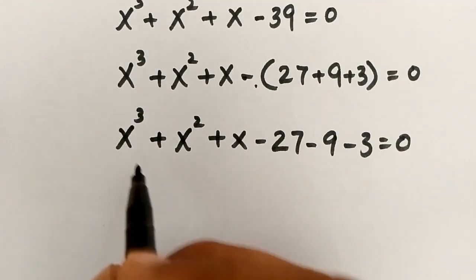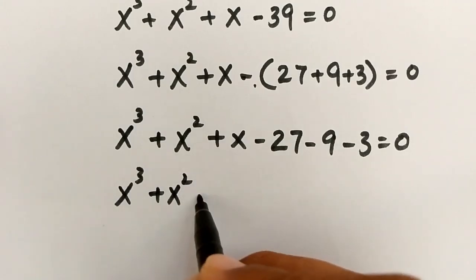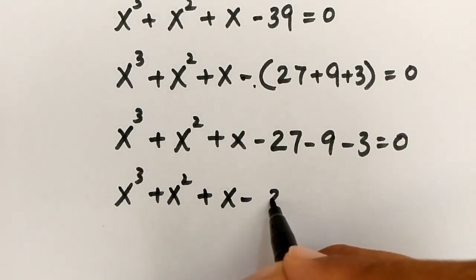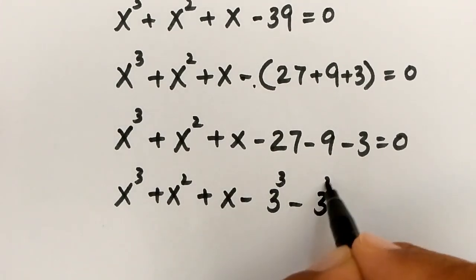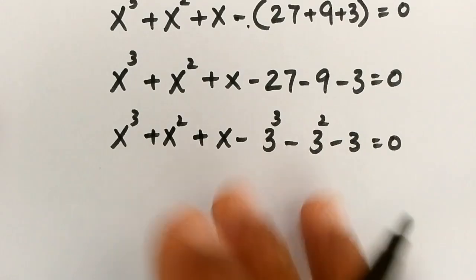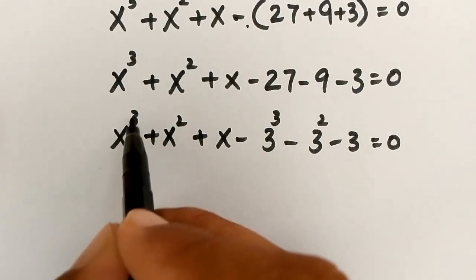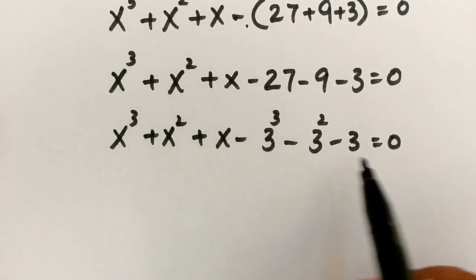Now, in the next step, x to the power of 3 plus x square plus x minus this 27 is also equal to 3 to the power of 3, minus this 9 is equal to 3 square, and this minus 3, which is equal to 0. Now, we have to combine x to the power of 3 with 3 to the power of 3, x square with 3 square, and x with 3.